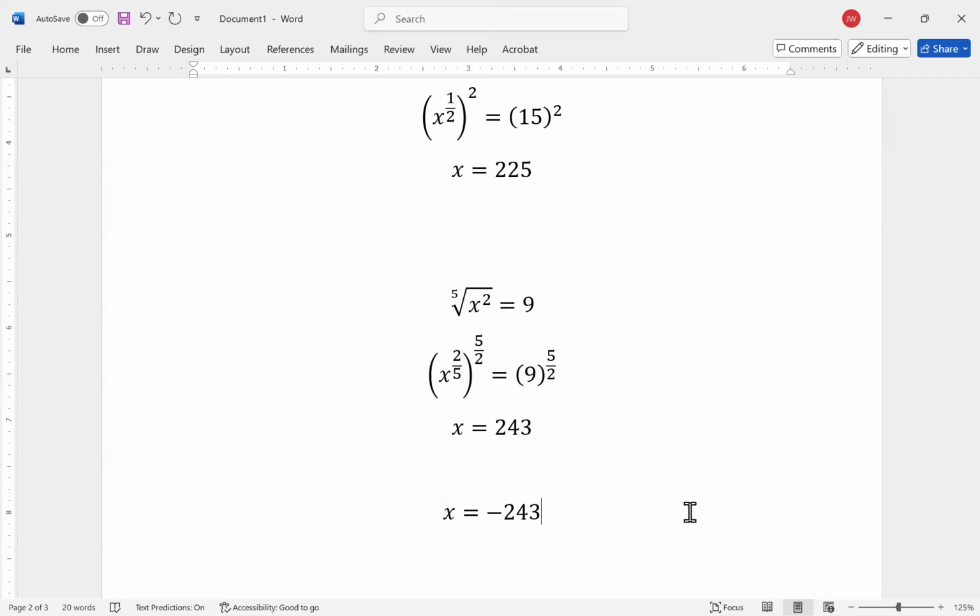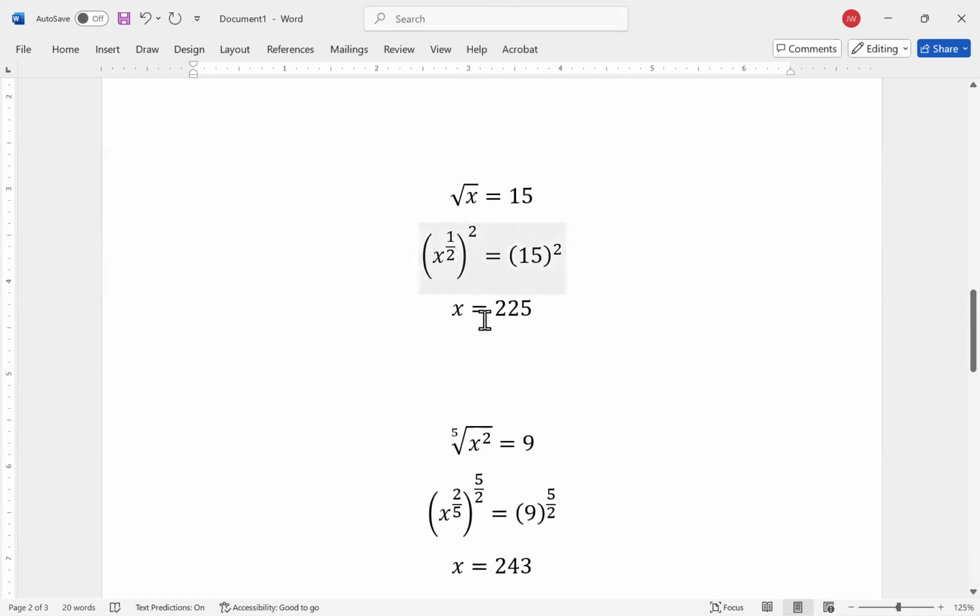Sometimes in a question, they may only ask for the positive values of x that will work, and then you don't have to worry about the negative 243. Other times, you may have to check whether the positive and the negative version of that number will work. In our previous problem, the negative of 225 would not work.